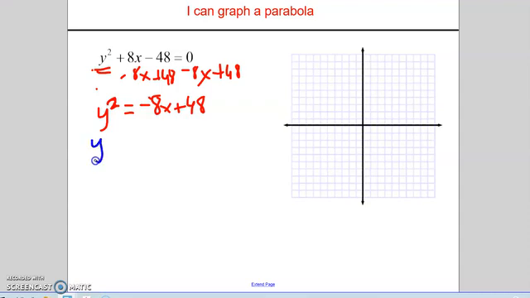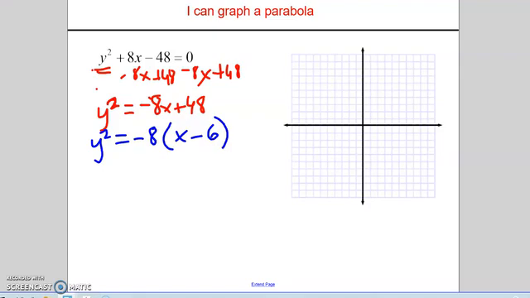In this case, I'm going to factor out the -8. So I've got -8 times (x - 6), since I factored out a negative and this is a positive, this becomes a negative now. Okay, so that's all we need to do to be able to graph it.